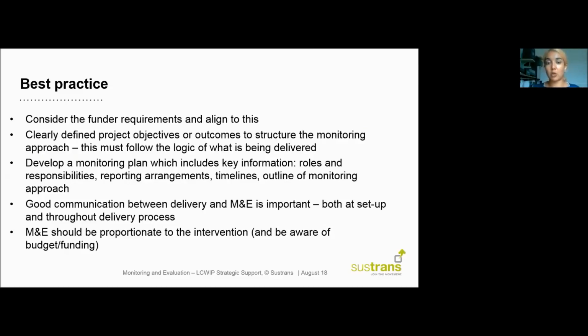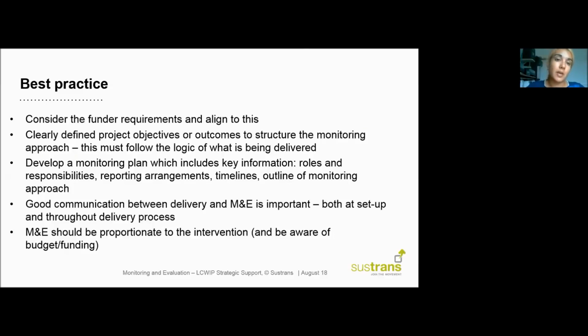This should include what tools are being used as well as the intended focus of the tools, so the intended audience and type of questions. So this monitoring plan should comprehensively outline everything that anyone needs to know as part of delivering a monitoring and evaluation approach successfully.